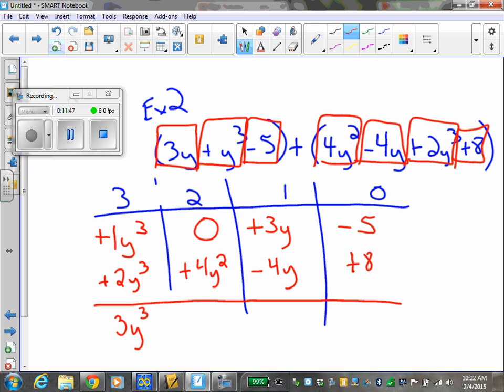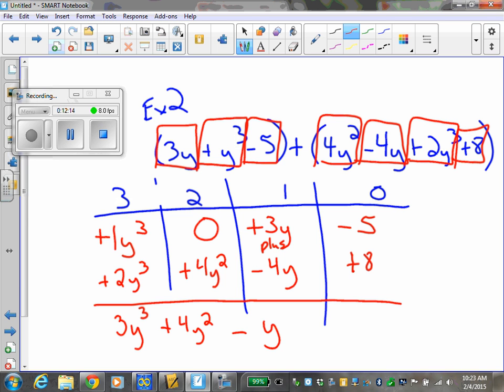Okay? So this guy we've already talked about, plus 4y squared comes straight down. Then this becomes, and again, in your calculators, 3, hit the plus key, plus negative 4. You get negative 1. Everybody okay with that? What do I write? What's the best thing to write?